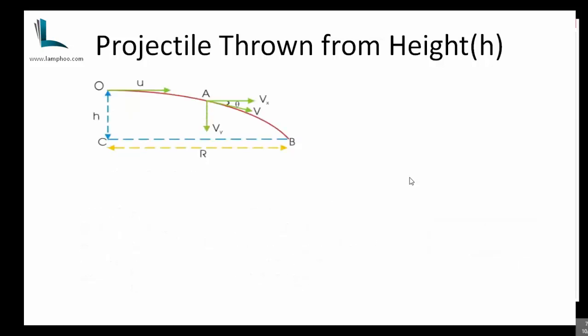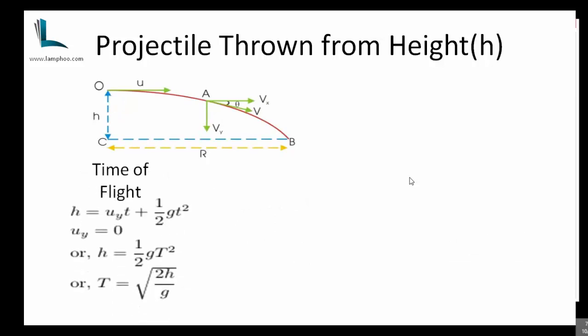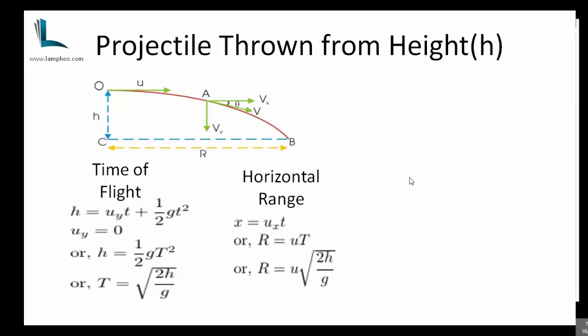For the time of flight, let's use equation of motion in vertical direction. Now, the vertical initial velocity is 0 and displacement is h when time is time of flight. So we get the time of flight equals square root of 2h by g. For horizontal range, let us use equation of motion in horizontal direction.